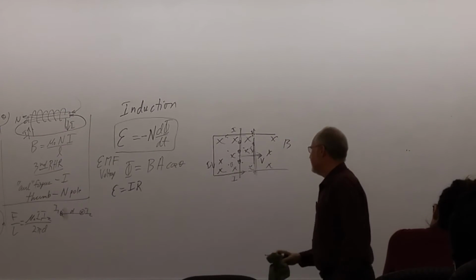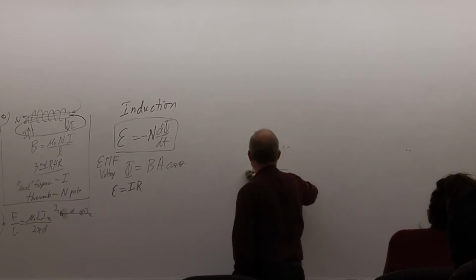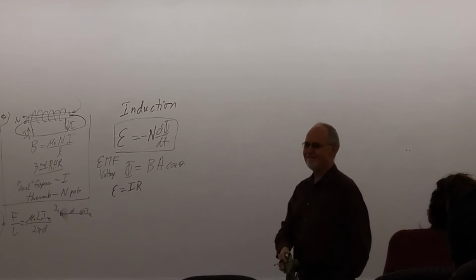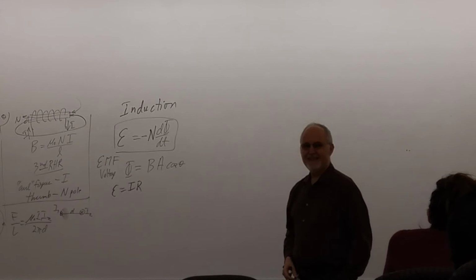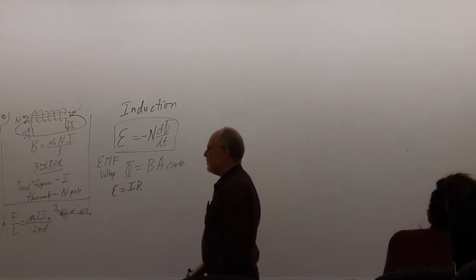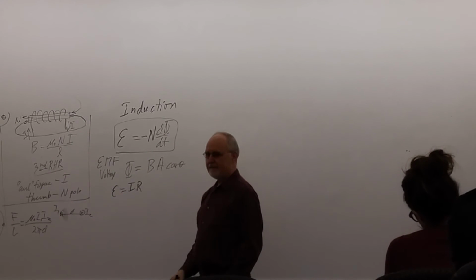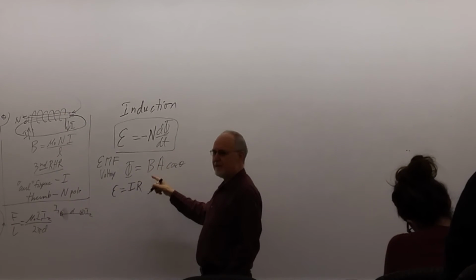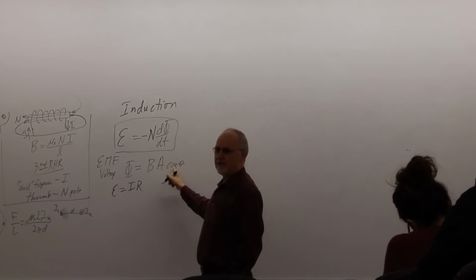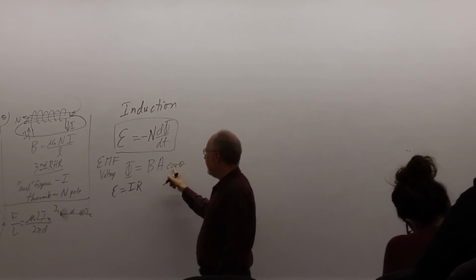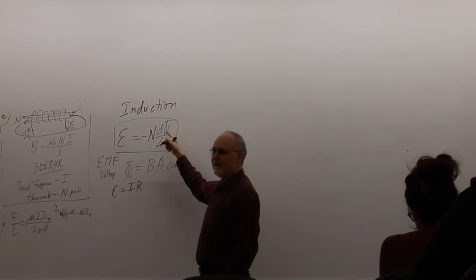So you've got all this Lenz's law stuff, which makes nice quiz questions, but test questions probably not. Test questions, think of this. If you were given either flux as a function of time, B as a function of time, A as a function of time, or theta as a function of time, then you could find the voltage as a function of time by doing the derivative.